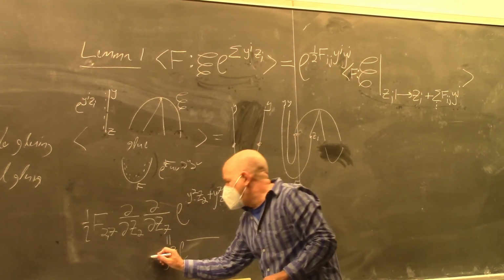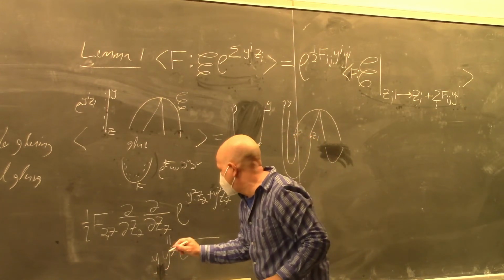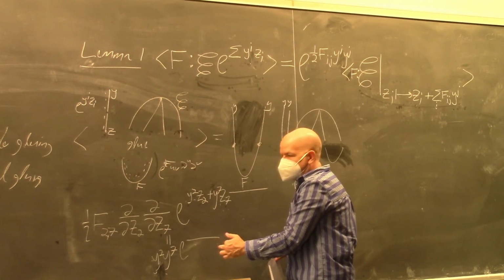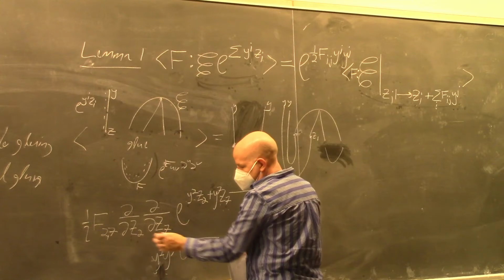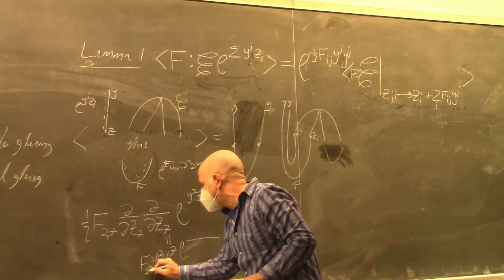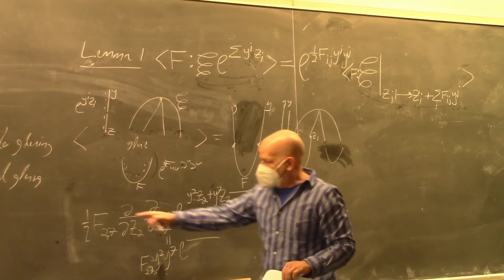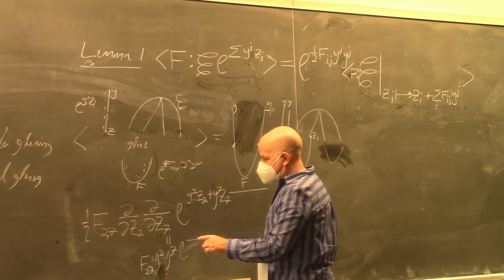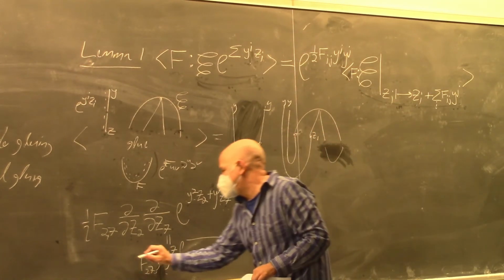So you get y2 times the same exponential. So write every pair of differentiations like this, and it comes with coefficient f(2,7). Okay? And in fact, the 1/2 doesn't drop, it just stays.